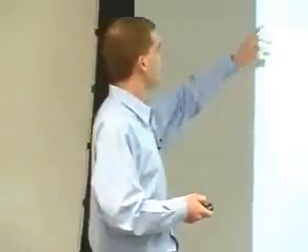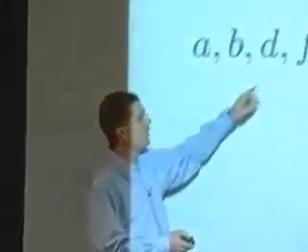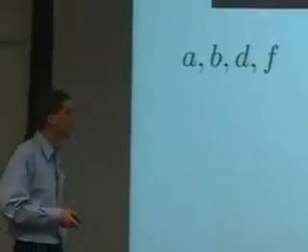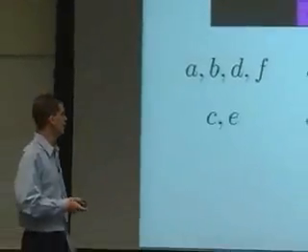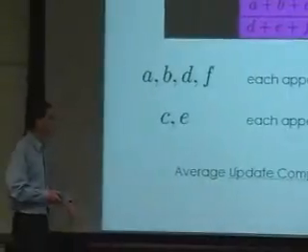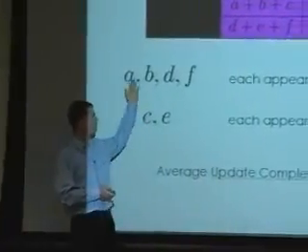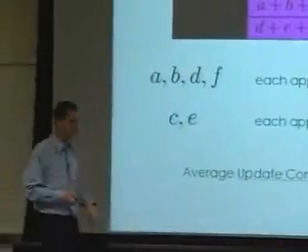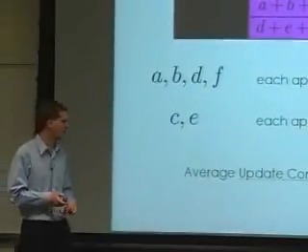Let's see an example. We forget about the information bits, and we count. We count that A, B, D, and F each appear twice in those parity bits, and that C and E each appear 3 times. That means we take the average over all bits, and the average update complexity is 2 1/3 for this particular code.